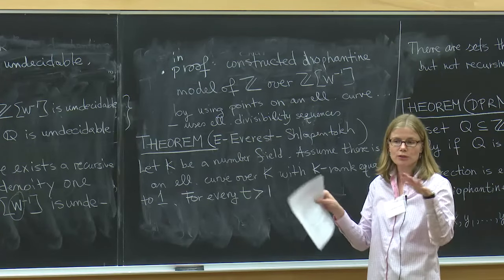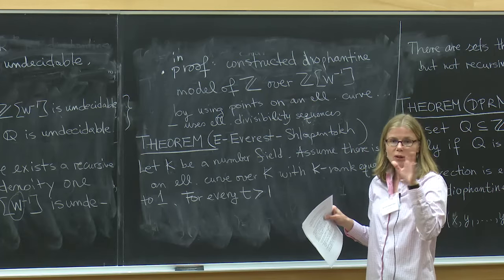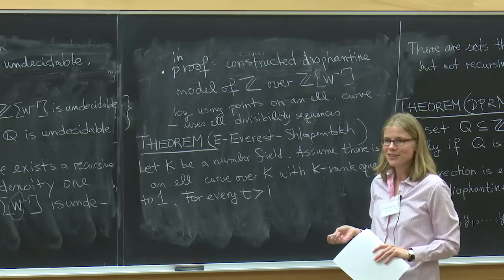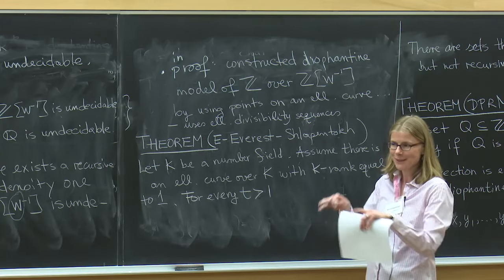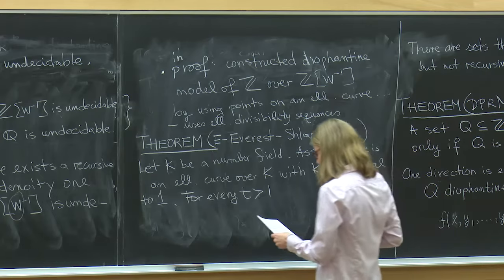So that means we're covering the number fields with a bunch of subrings for all of which Hilbert's 10th problem is undecidable. Unfortunately, there's no theorem that tells you that the union of such a thing would also be undecidable. But let me just state it.